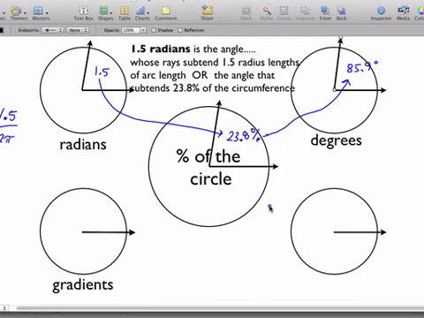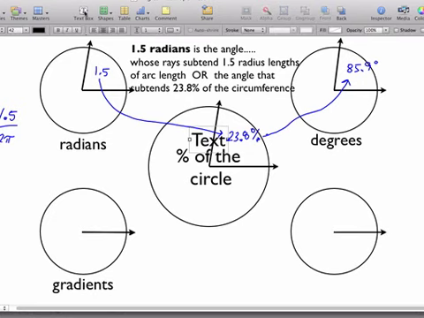Okay, so let's make up our own class angle measure. What's the name of our angle going to be?